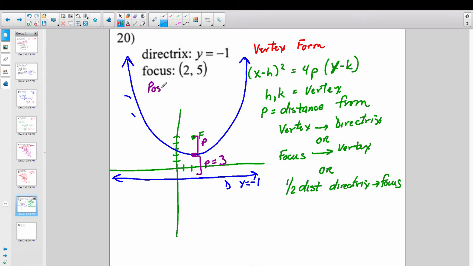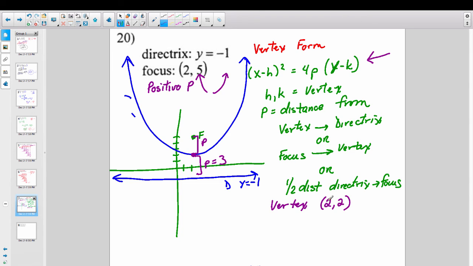So positive P because of this. Our end behavior is northbound. So now let's put that into this equation. So what you do is you take your vertex. So my vertex we found was 2, 2. And you change their signs as you place them into this equation.